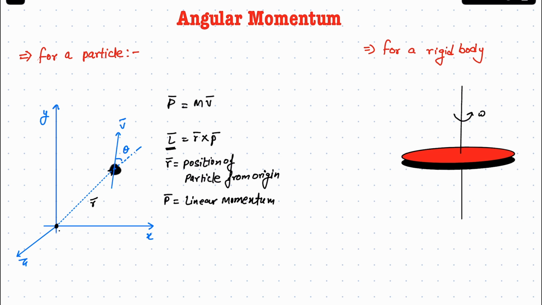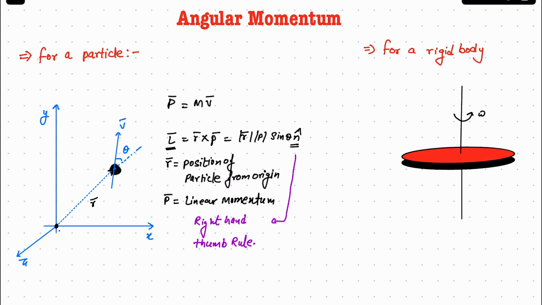We can also write it like this, that it can be written down as r magnitude p magnitude, and let's suppose the angle between the r vector and the p vector is theta, like this I have written down. So then sine theta n cap, where we will calculate the n cap using the right hand thumb rule.